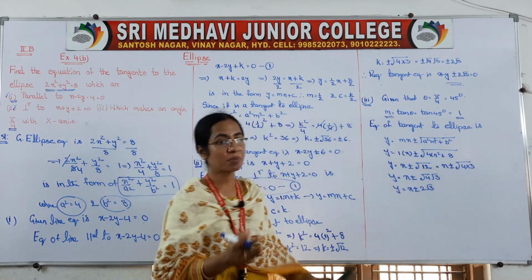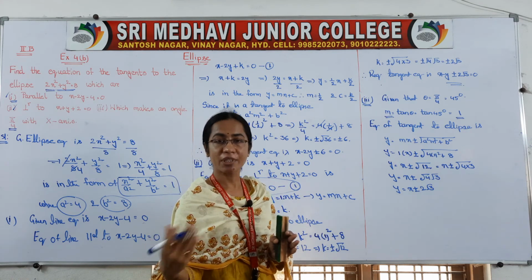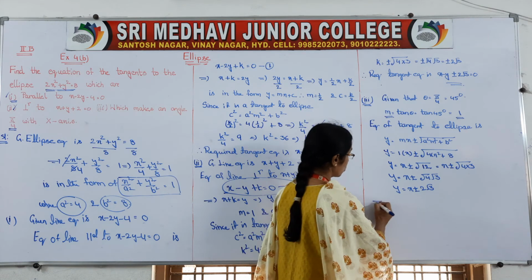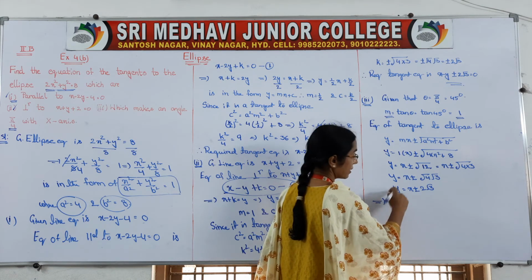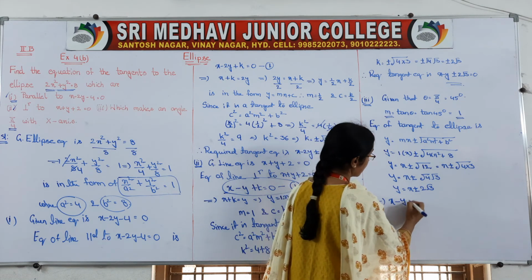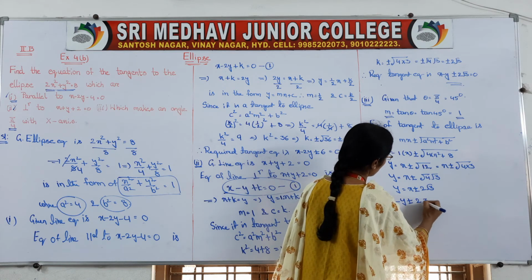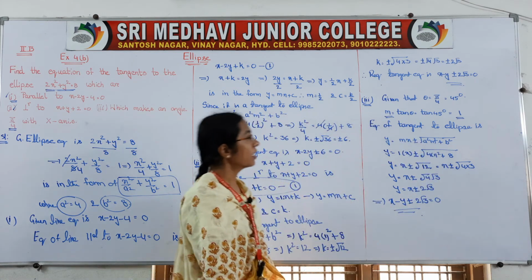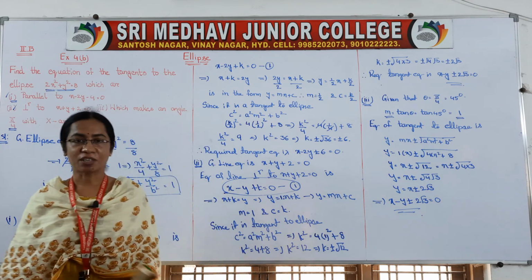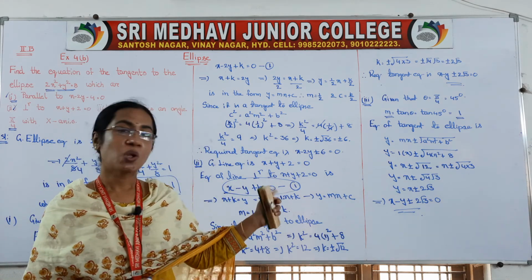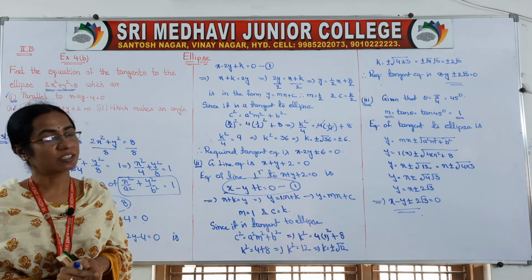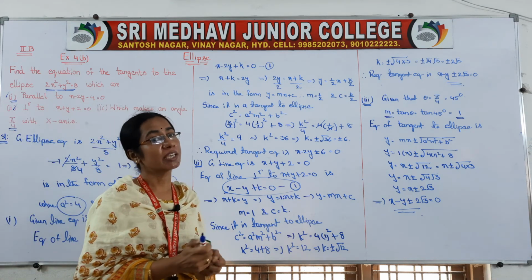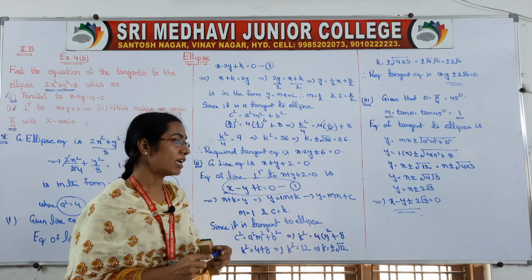Generally, a line equation means the x term, then the y term, then the constant term. Sending y to that side, we get x minus y plus or minus 2 root 3 is equal to 0, which is the required tangent equation. That means 2 lines satisfy this condition, making an angle pi by 4 with the x axis.